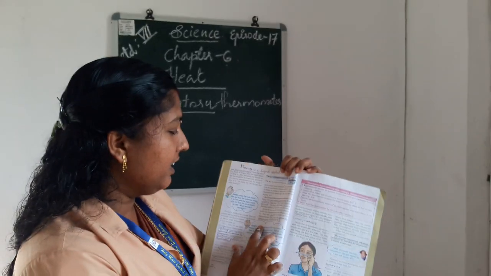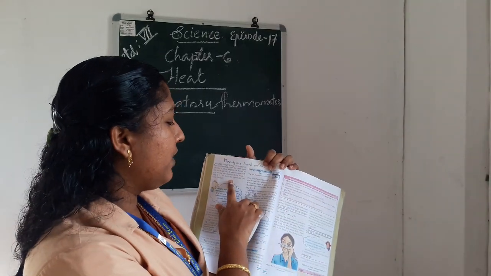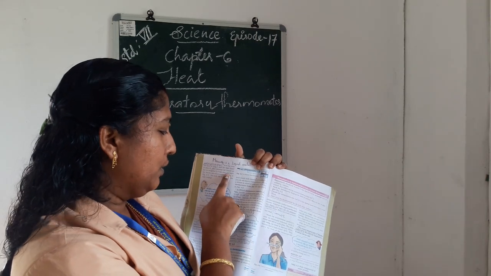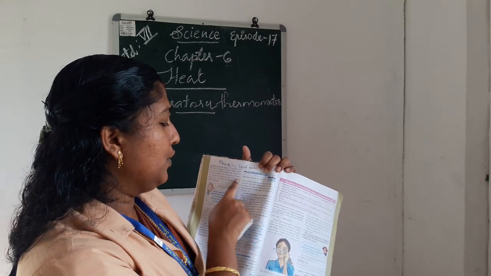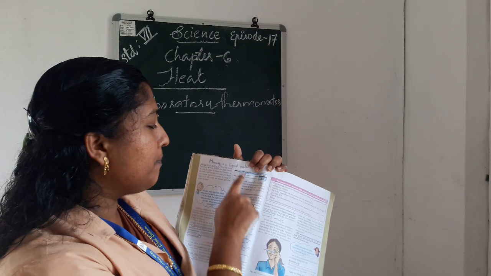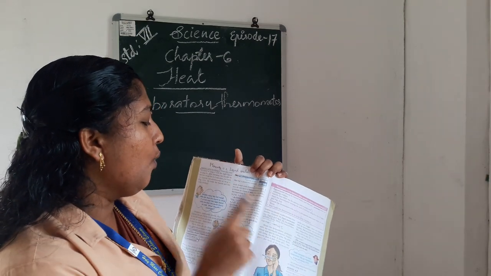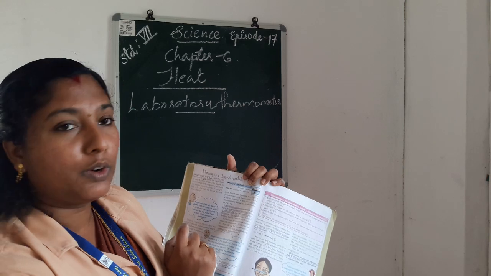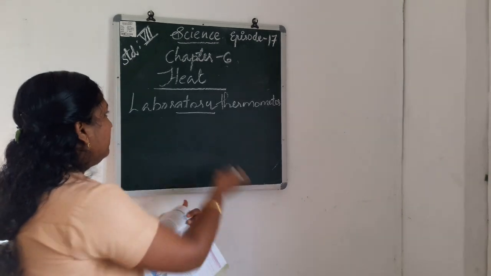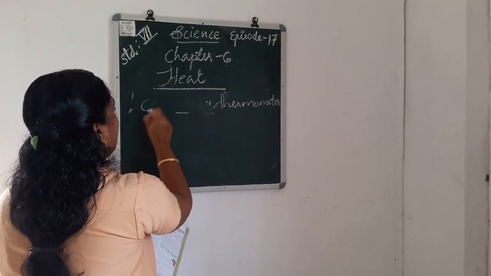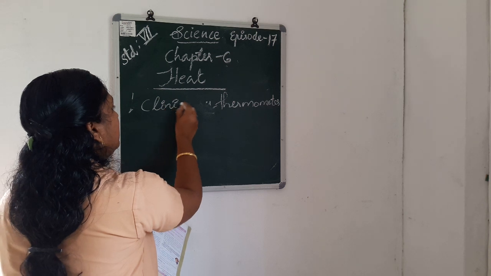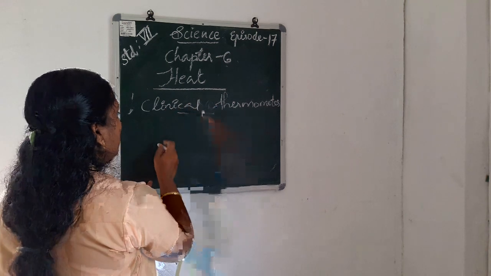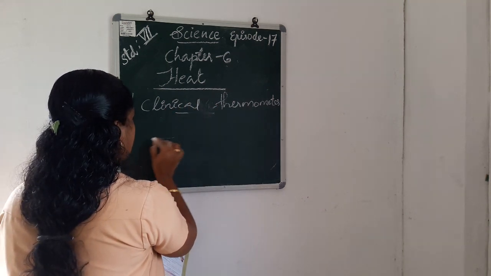We can see that a clinical thermometer consists of a long, narrow, uniform glass tube. It has a bulb at one end. The bulb contains mercury.